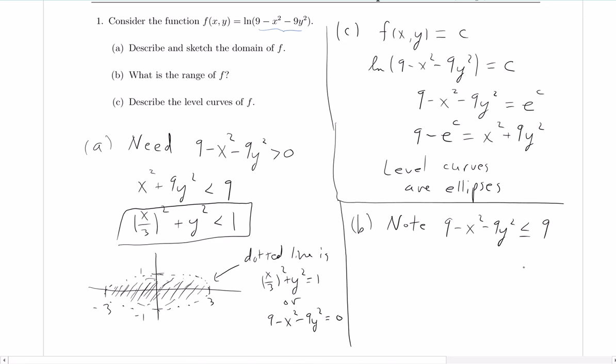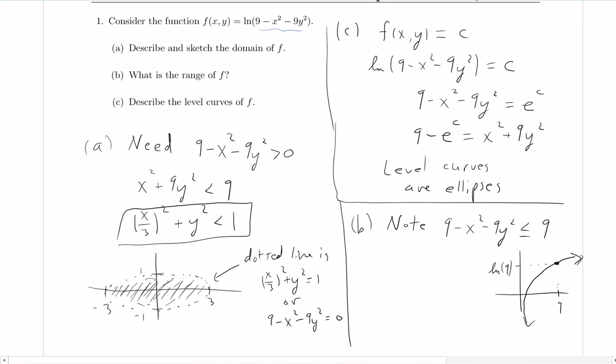Okay, and if we remember what the graph of the logarithm function looks like, it looks like this, right? So that means we're not plugging in anything bigger than 9. And since the logarithm function is increasing, this is the maximum value.